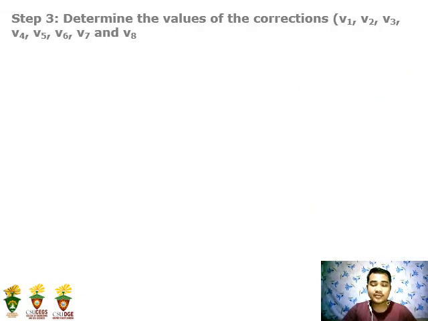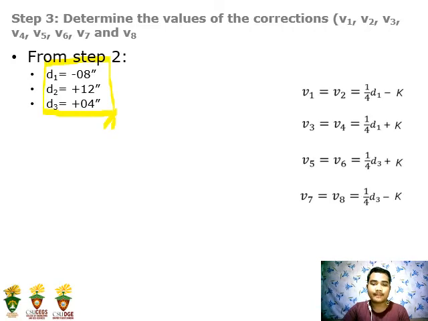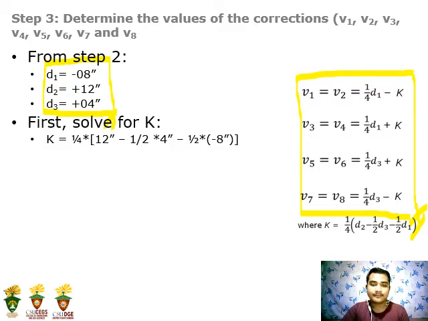The next step is to determine the values of the corrections, such as V1, V2, V3, V4 until V8. To get that, we use the errors D1, D2, and D3 that we determined from the last step, which is step 2. We also have this formula from our previous slides, where k is 1/4 times D2 minus 1/2 times D3 minus 1/2 D1.